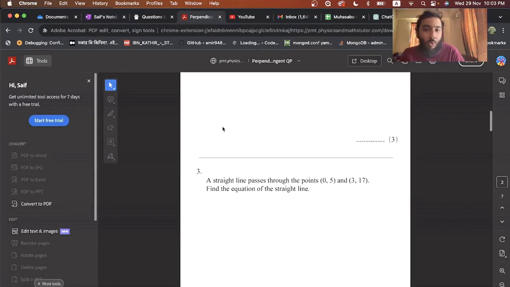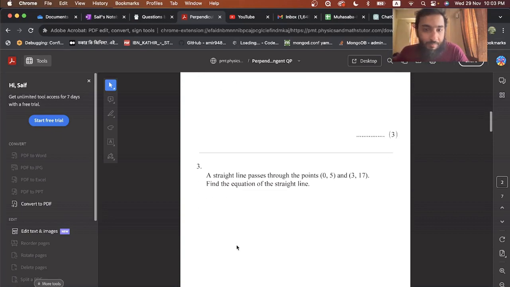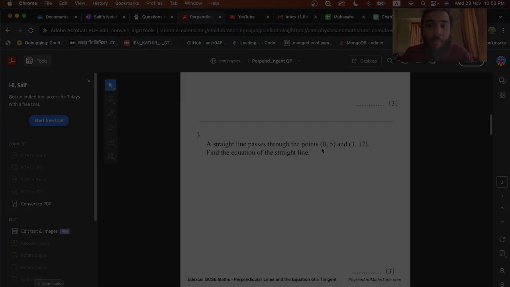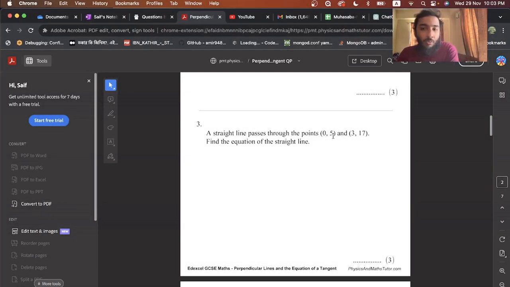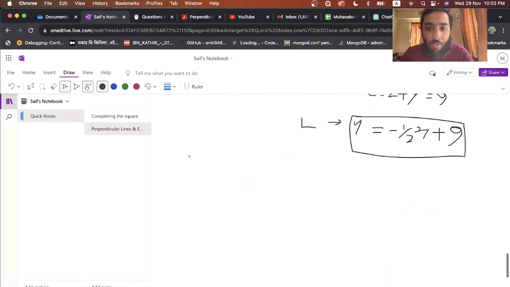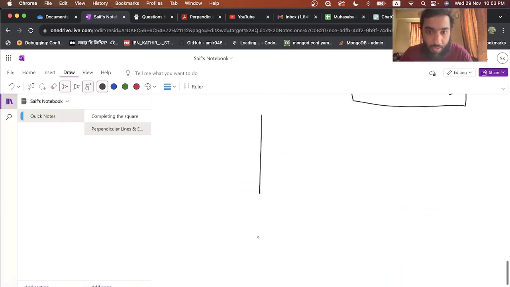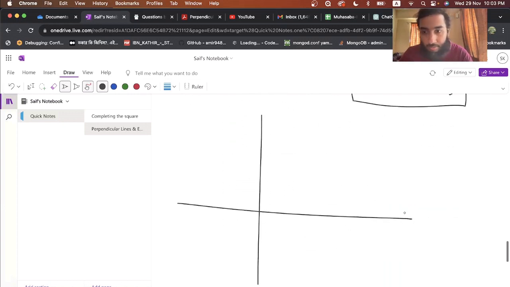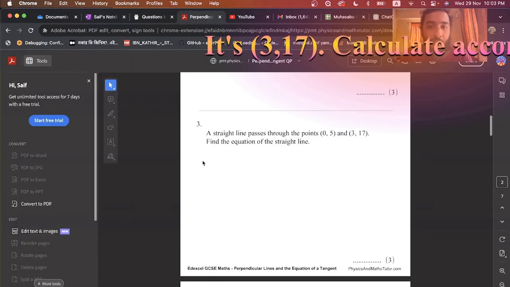Now if we go to number 3, it says a straight line passes through the points (0, 5) and (3, 17). We have to find the equation of the straight line. So I go back to the notebook and draw another graph. This is the x-axis and this is the y-axis.